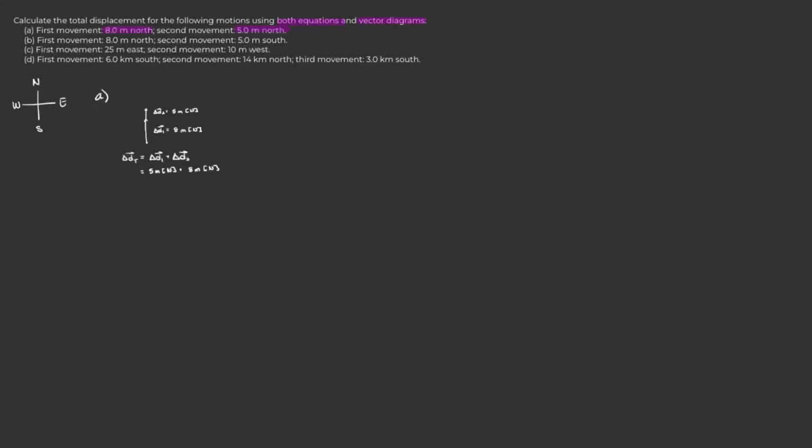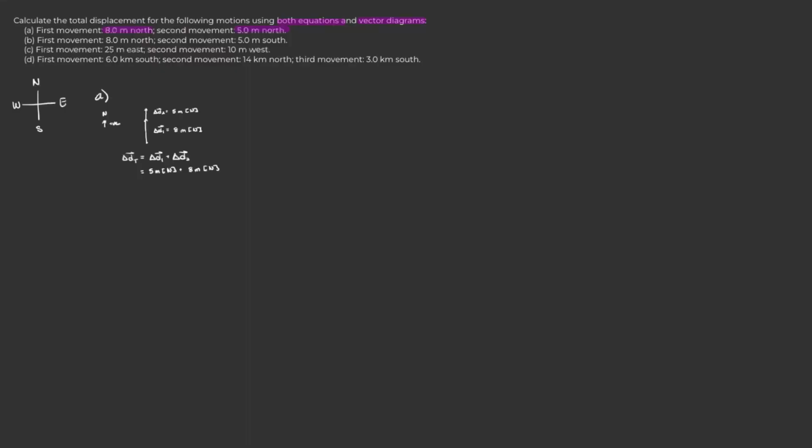And this is where we want to choose a positive direction. So in this case, let's say north is our positive direction. So everything that's north, we're going to take the direction out, turn it into a scalar, and write it as positive or negative.